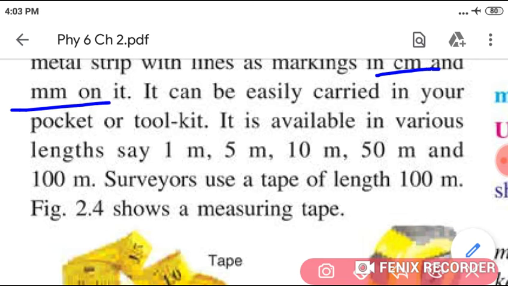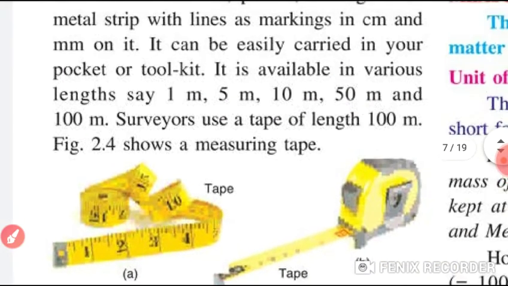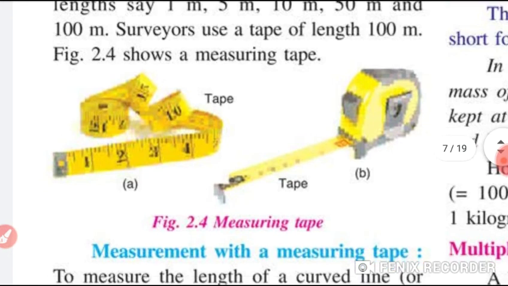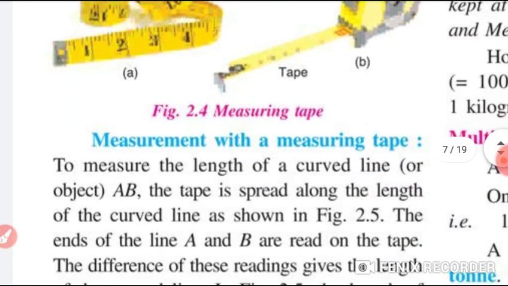It can be easily carried in your pocket or in your toolkit, and it is available in various lengths: 1 meter, 5 meter, 10 meter, 50, 100, like this. This is your measuring tape.